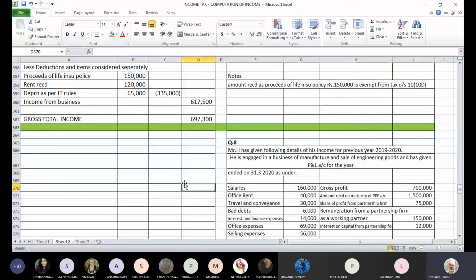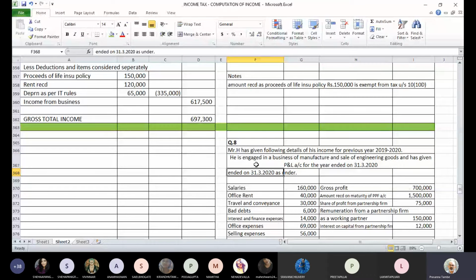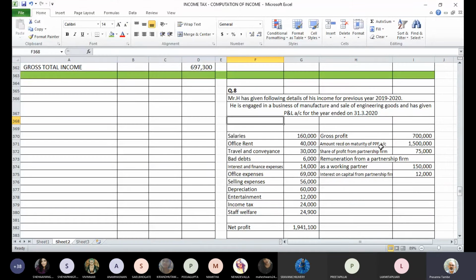Okay, question number 8. Now, Mr. H is engaged again in a business of manufacturing and sale of some engineering goods, and you are given his profit and loss account for the year ended on 31st March 2020.